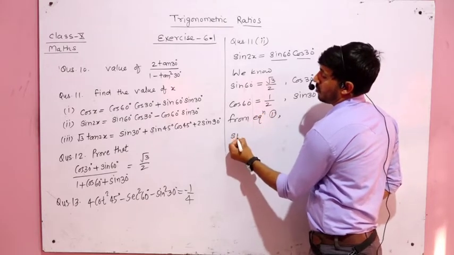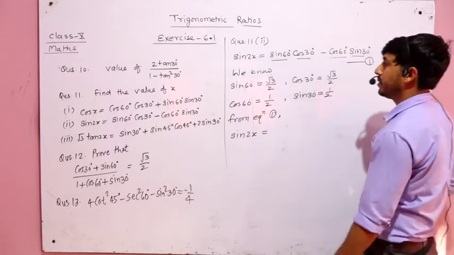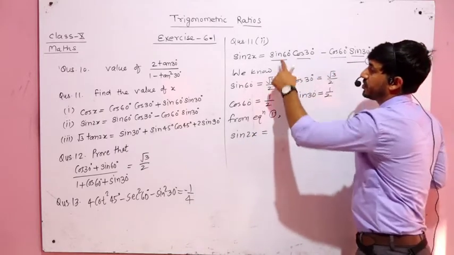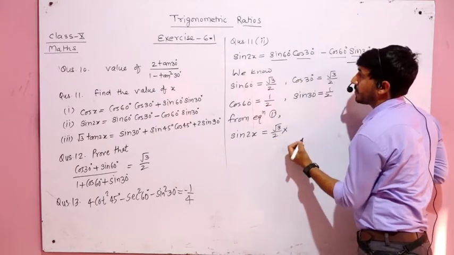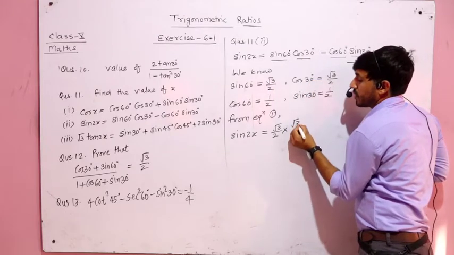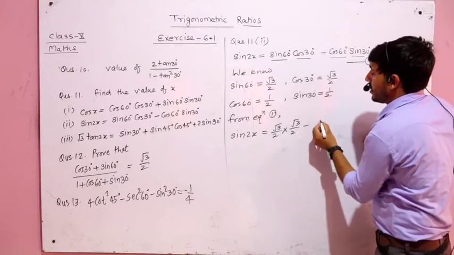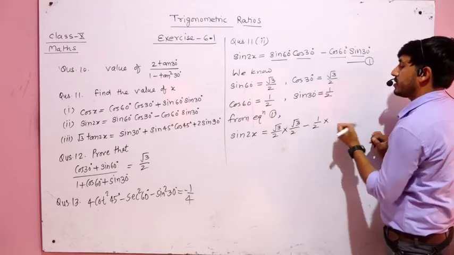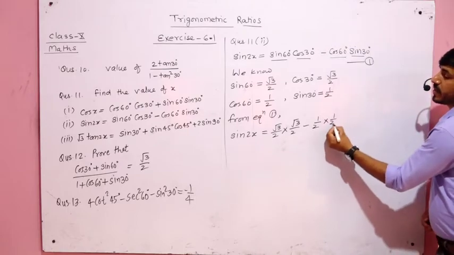we have sin 2x is equal to the value of sin 60 degree, that is given as root 3 by 2, multiplied by the value of cos 30 degree, that is also root 3 by 2, minus cos 60 degree, that is 1 by 2, multiplied by the value of sin 30 degree, that is 1 by 2.